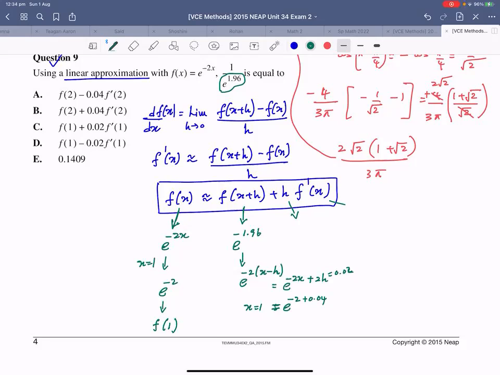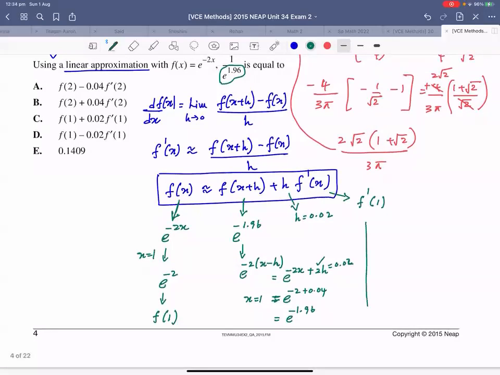Why? Because it's pure observation. So now e to the minus 1.96 is coming when you choose h to be what? F dash 1 actually, because x is equal to 1, you evaluate everything.